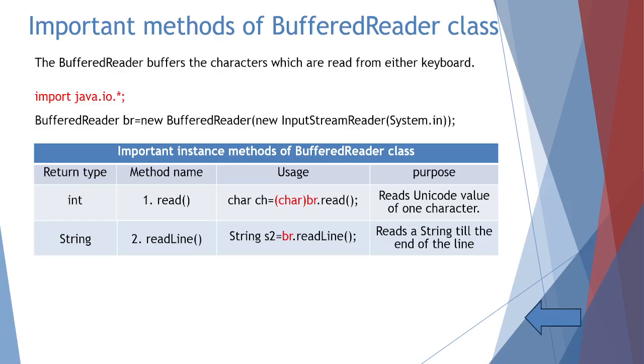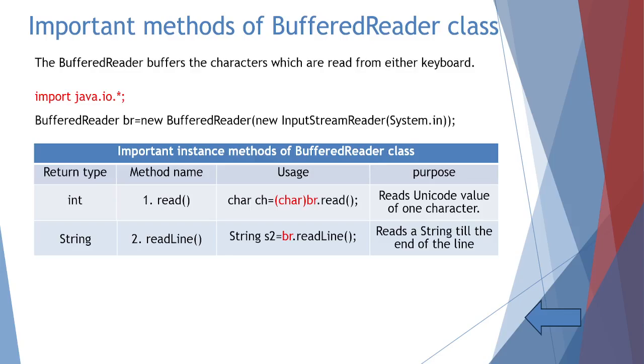Then the second method is readLine. This is also an instance method, so with the help of an object of the BufferedReader class, br.readLine reads strings, till the end of the line, that is the enter sign.